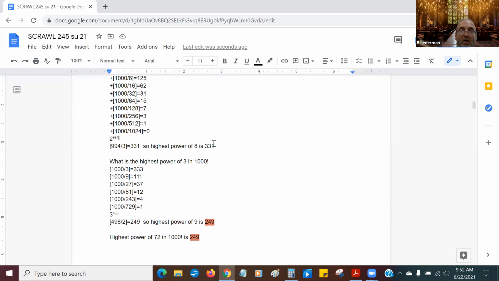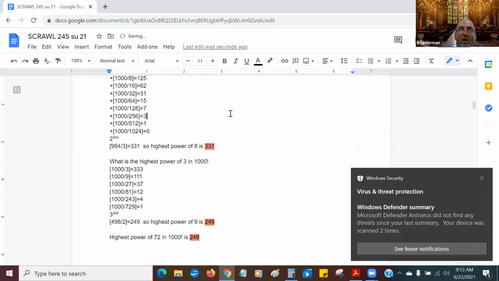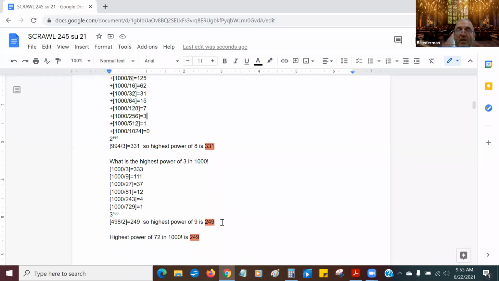So the highest power of 8 is 331. The highest power of 9 is 249, but I'm limited by whichever is lesser.